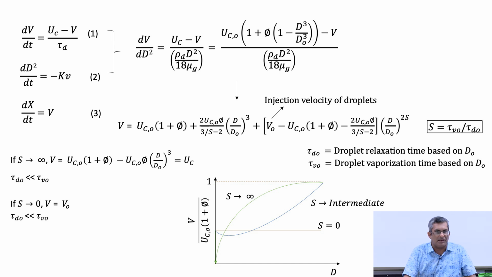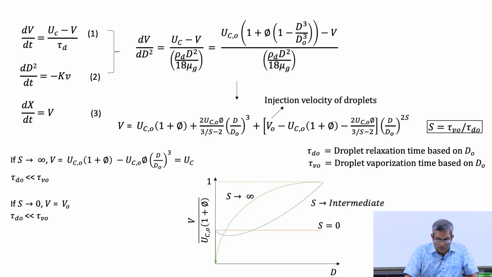So what does this mean? This means that the evaporation time scale is much larger compared to the relaxation time. This means that the particles would quickly adjust with the carrier phase flow.